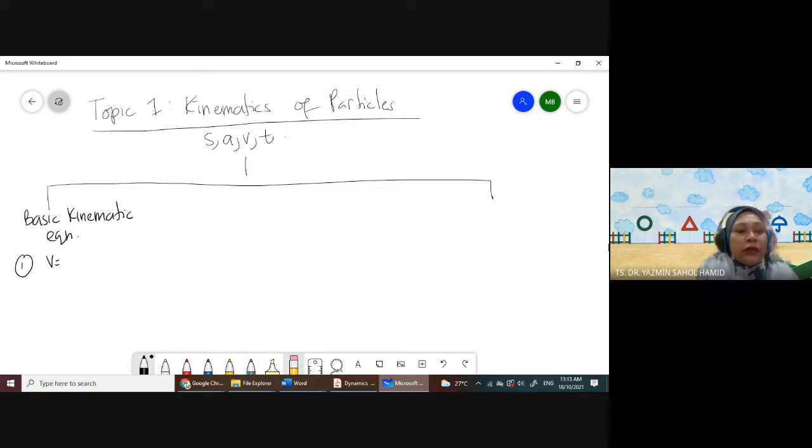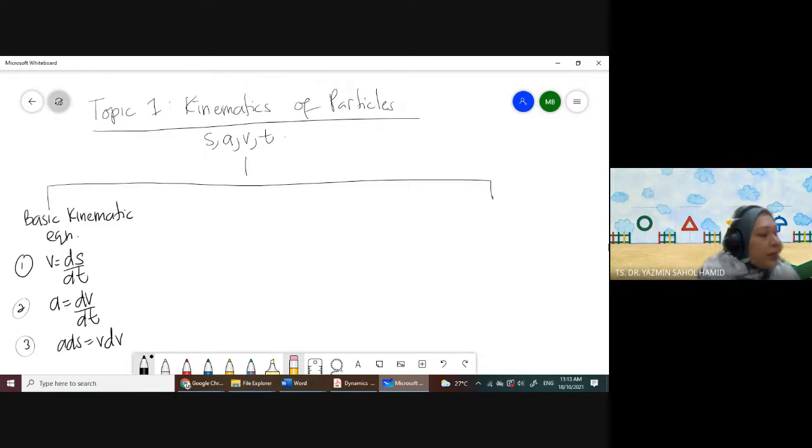Velocity equals the time derivative of the displacement, ds over dt. The second one is acceleration equals dv over dt. And the last one is a ds equals v dv.